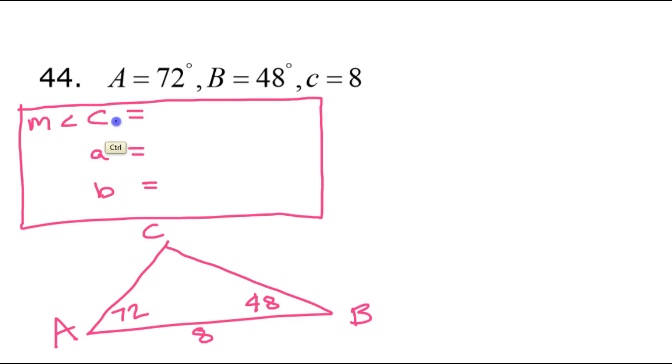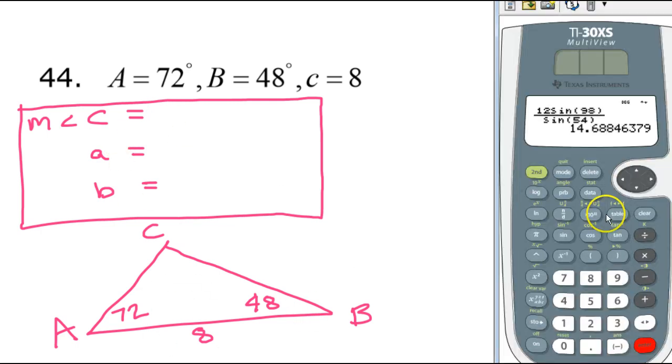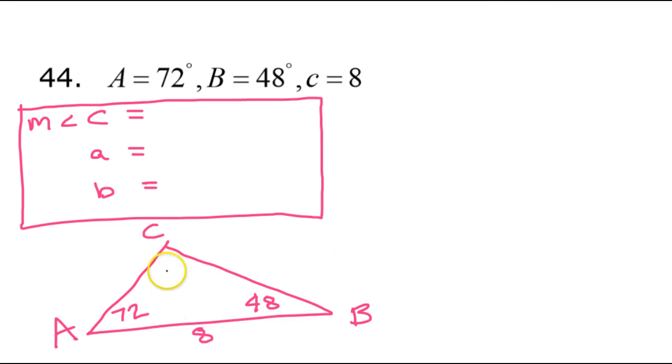Okay, first let's find the measure of angle C. That will be super easy because they gave me 2 out of 3 angles. They have to add up to 180. So if I start with 180 and I subtract 72 and I subtract 48, that leaves 60. So the measure of angle C is 60.